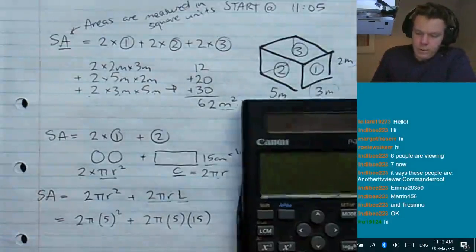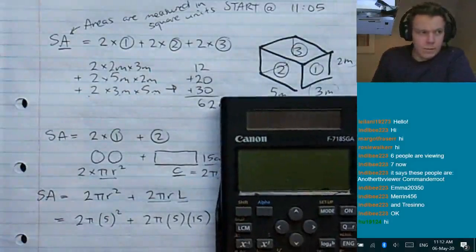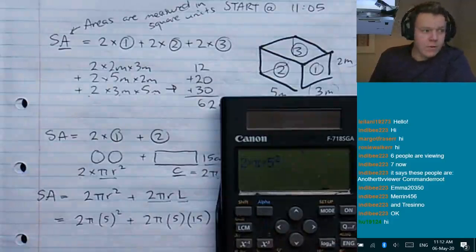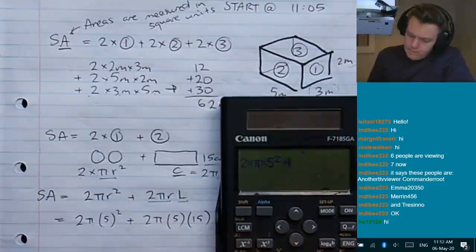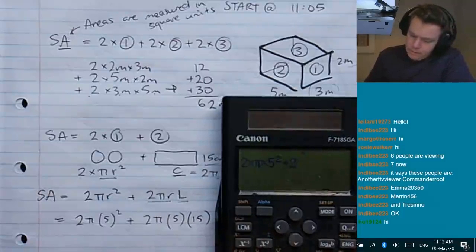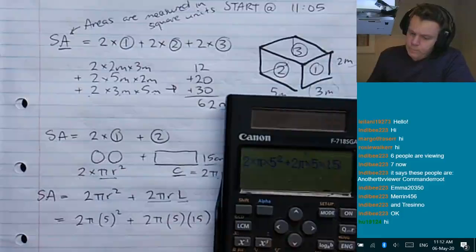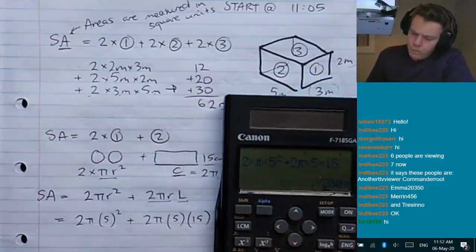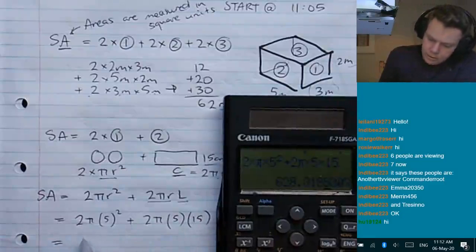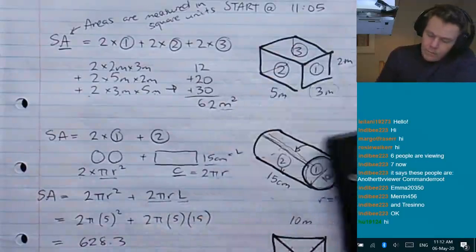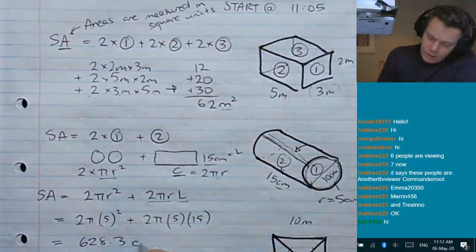I'm just going to move that over the picture so it's in the frame. 2 times pi times 5 squared for the 2 circles, plus 2 times pi times 5 times 15, gives 200 pi, or 628.3. We're dealing in centimeters, so we get centimeters squared.